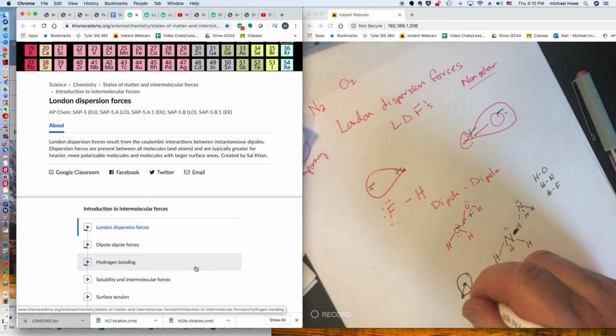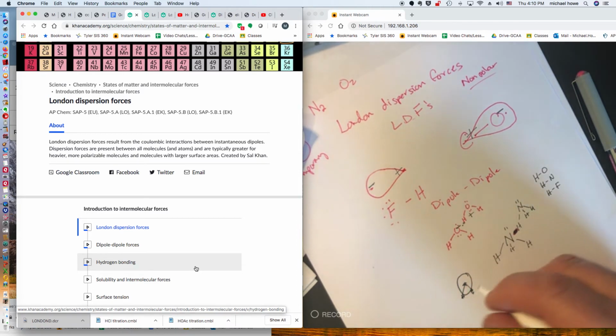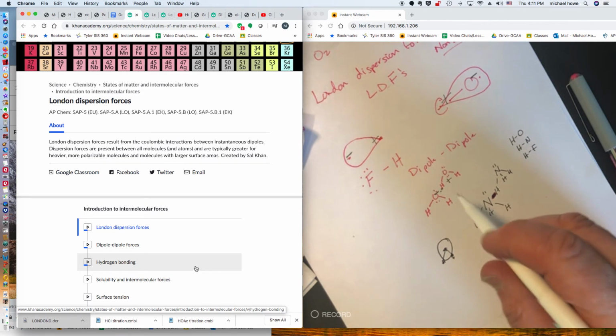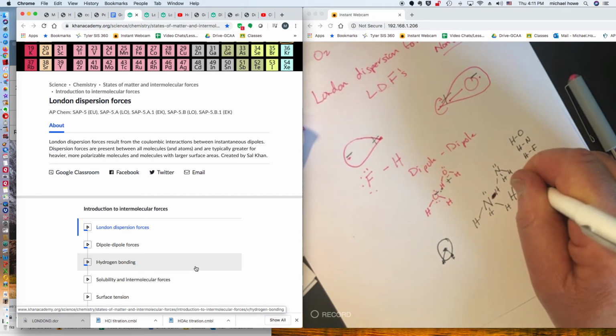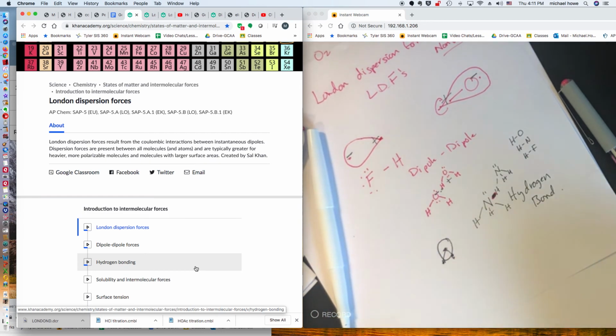So it makes basically a bare or naked positive charge, making it very attracted to anything that's negative that happens to float on by. All right, so hydrogen bonding is really just a dipole-dipole attraction, but the hydrogen bond is the strongest of the dipole-dipole attractions. All right, so that was my attempt to summarize it.